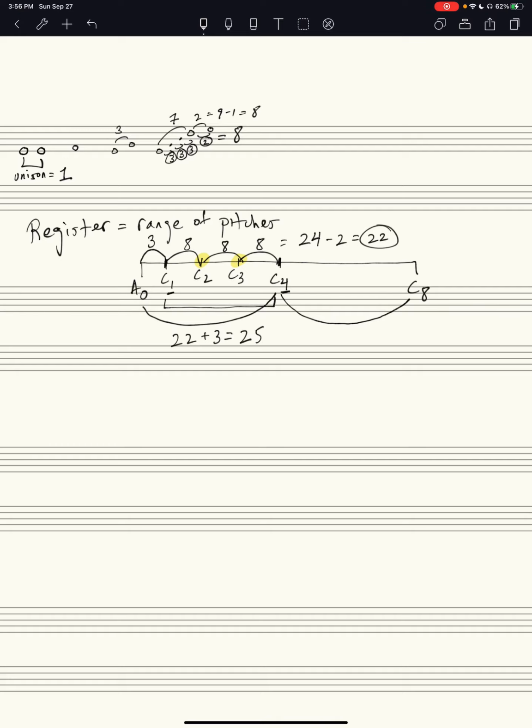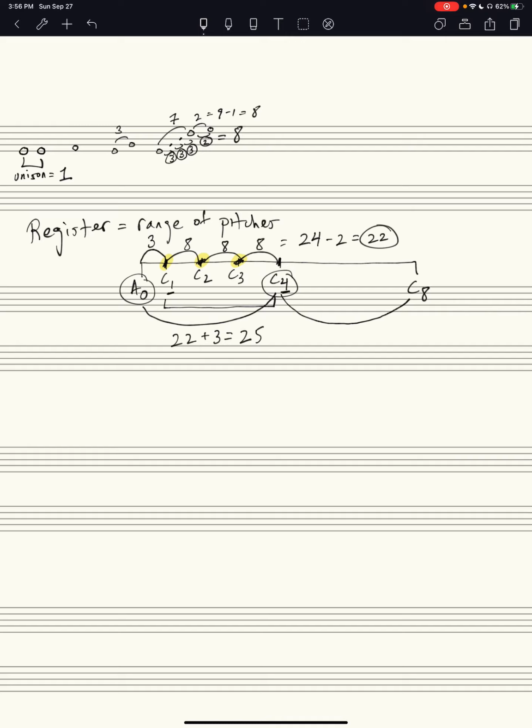Yeah? I hope you're paying attention because I've made a mistake. What have I forgotten to do? I'll never know if you're actually doing this, but is anyone shouting at me saying, no, you forgot to subtract out the overlap at C1? Because after all, you are looking at the range from A0 to C4, and along the way, you've got 1, 2, 3 overlaps.